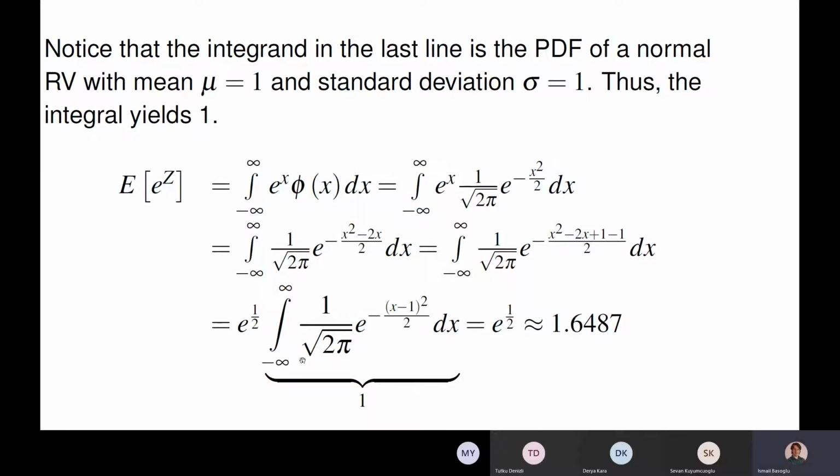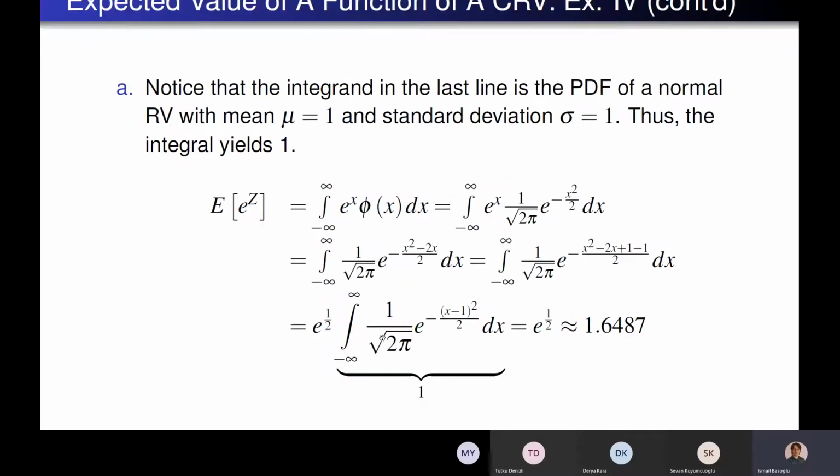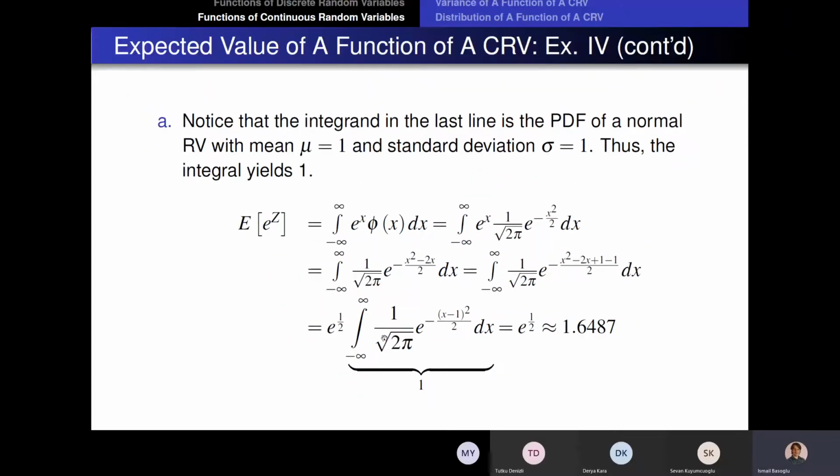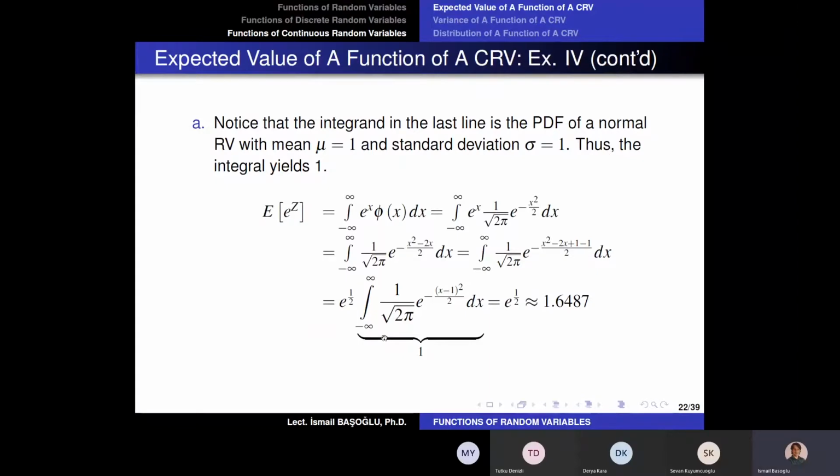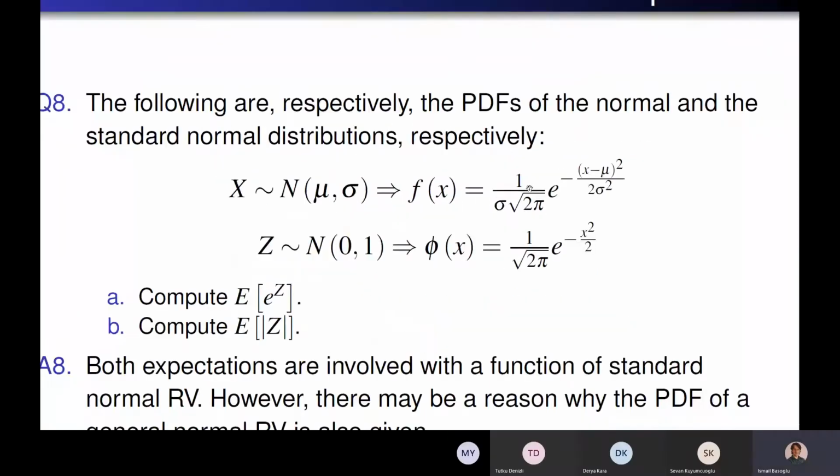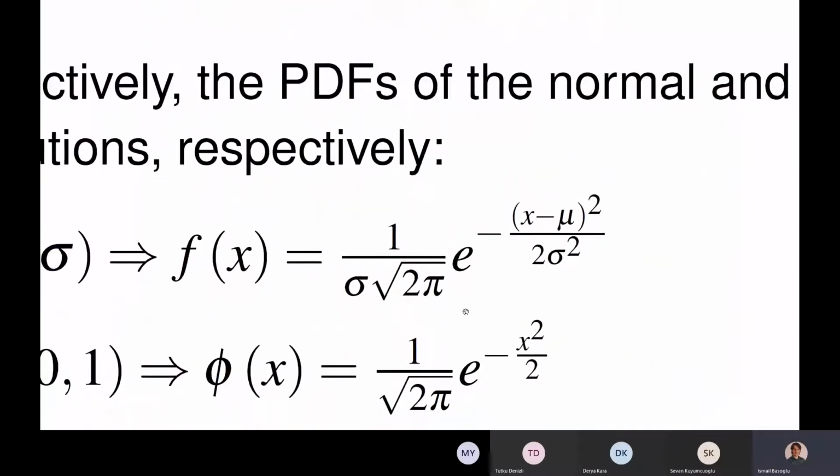Now, this integral is supposed to be equal to 1. Why is it supposed to be equal to 1? Check that out. In the question, I have especially defined the probability density function of a normal random variable, which has the scale parameter here and the location parameter here.